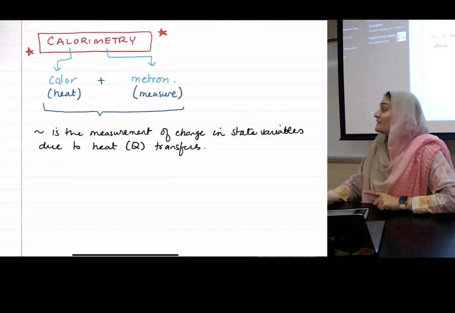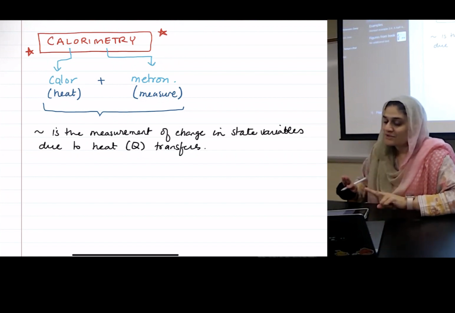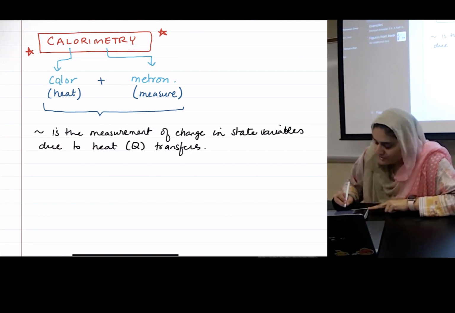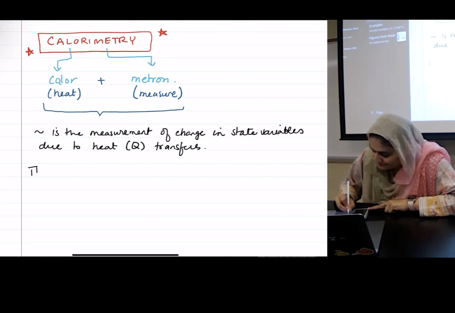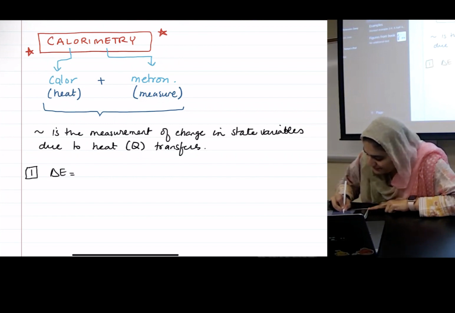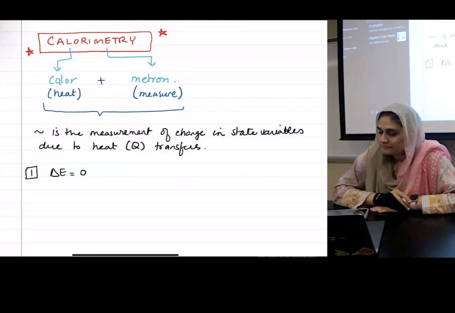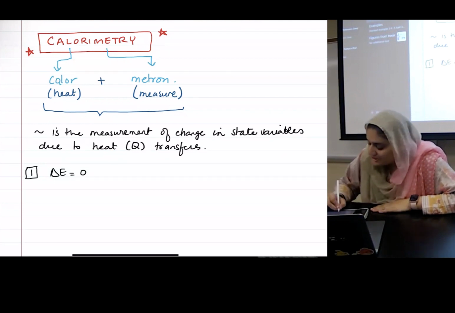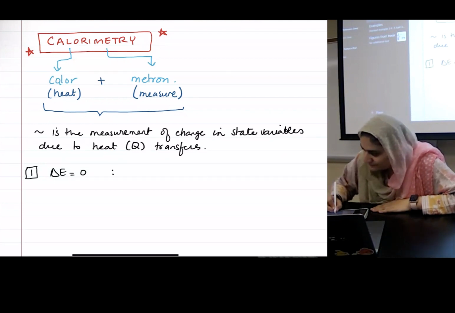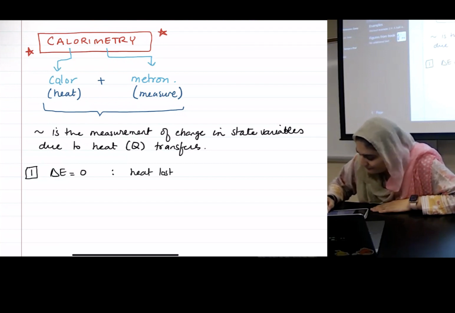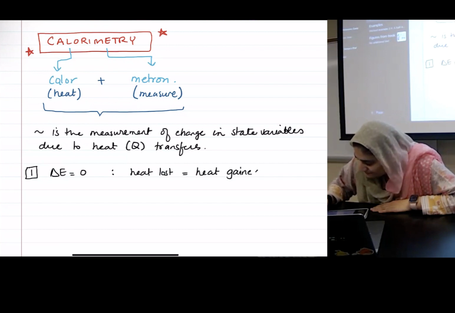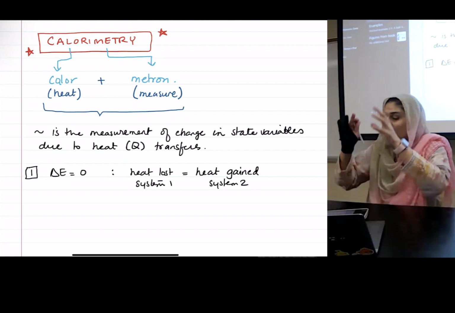Every time you do a problem like this, there are two things that you have to worry about. So the two things are, one, delta E equals 0, which in our case will mean heat loss equals heat gain by, say, system 1 and system 2, or vice versa, whatever you want to assume.